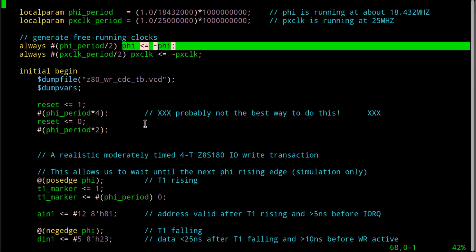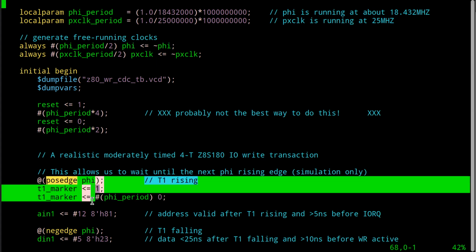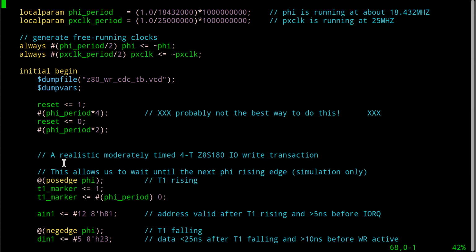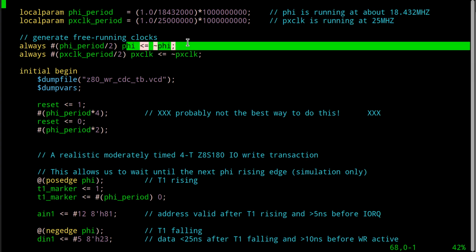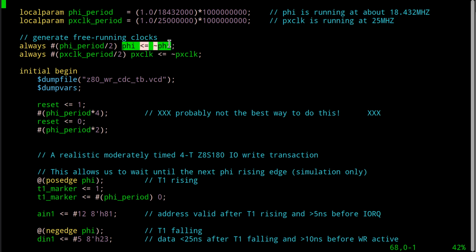And then I proceed. If I just put a pound half a period here and proceed, I may proceed before phi goes high in simulation. In fact, I most certainly will, because this is non-blocking, which happens at the end of that time step.